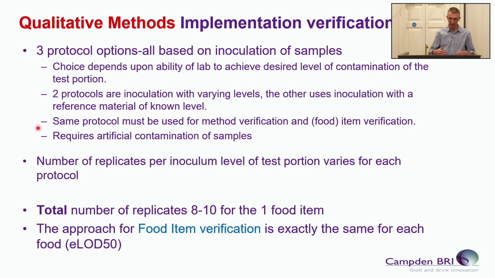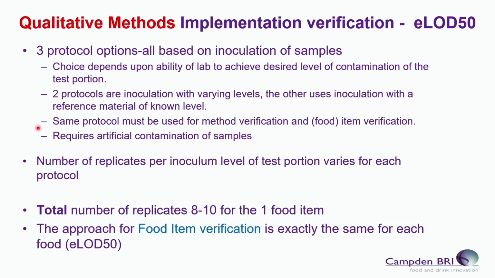Now, when it comes to doing the actual work, the standard 16140 Part 3 actually gives you 3 different protocols that you can use to do implementation verification of qualitative methods. And you can choose any one; the choice depends upon the ability of the lab to achieve a desired level of contamination, because you're going to have to contaminate these food samples using a dilution of the target organism.